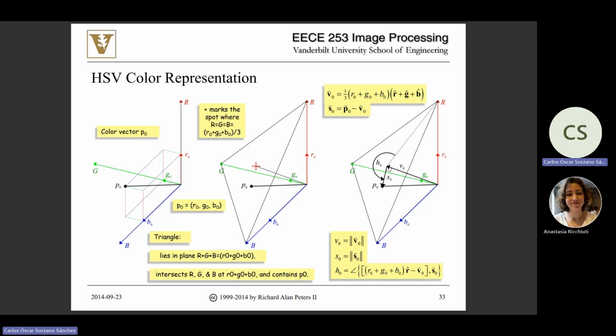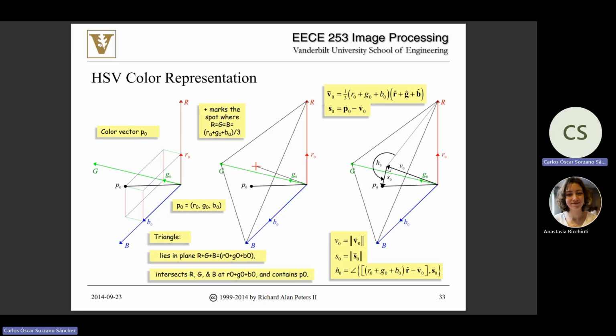Now we try to express it in some other way, and we want the value to be part of that representation. So what is the value? The value is R plus G plus B divided by 3.